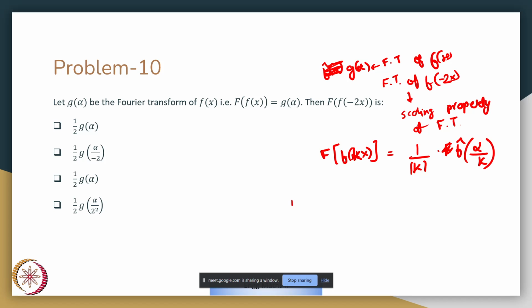So in our case, the transform of f of minus 2x equals nothing but 1 by mod of minus 2 times g of alpha by minus 2, which is option number B.